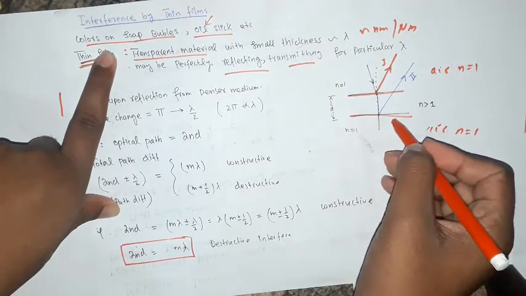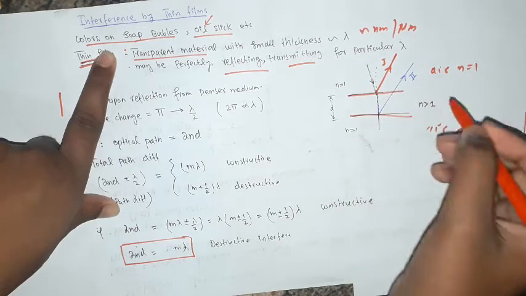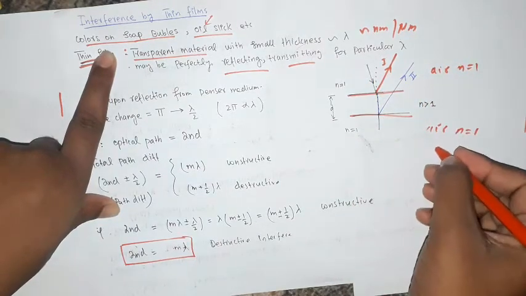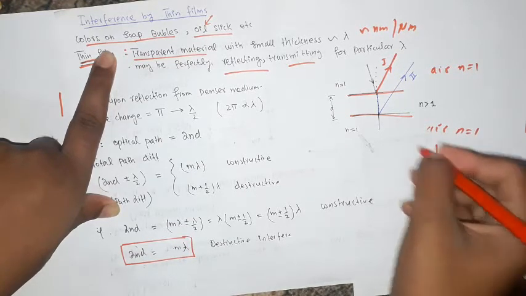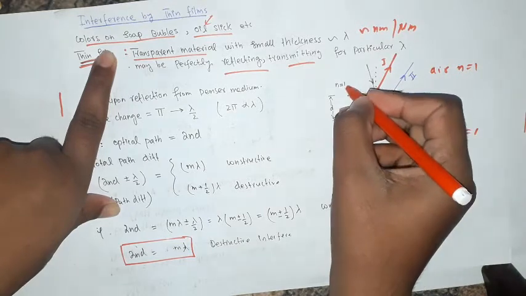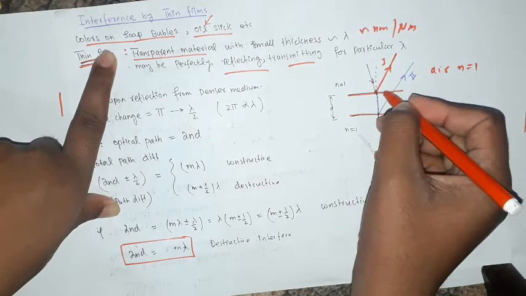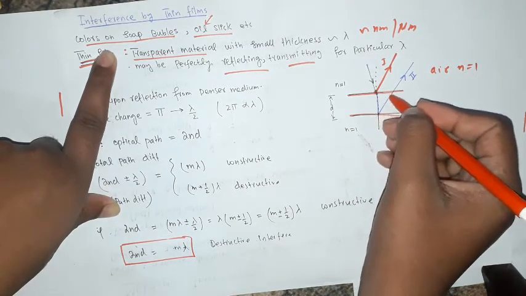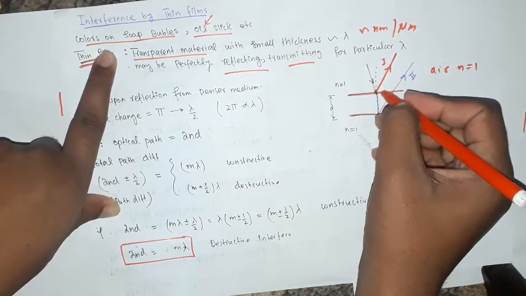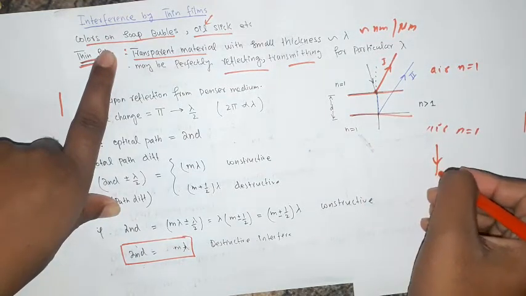So the thickness is very small, and a wave is incident on it. Remember this wave or light is incident at normal. This is the normal, so it is coming like this. This is the interface between the two media: this is air and this is the medium. You know that whenever light or any wave is incident on a denser medium, a part of it is reflected. So a part will be reflected from this particular point at the interface.